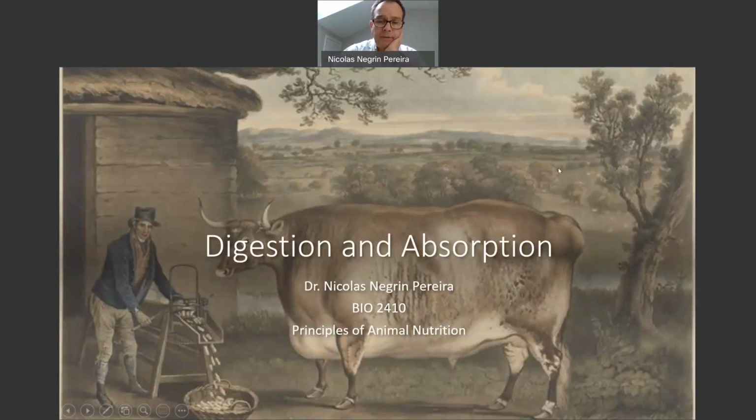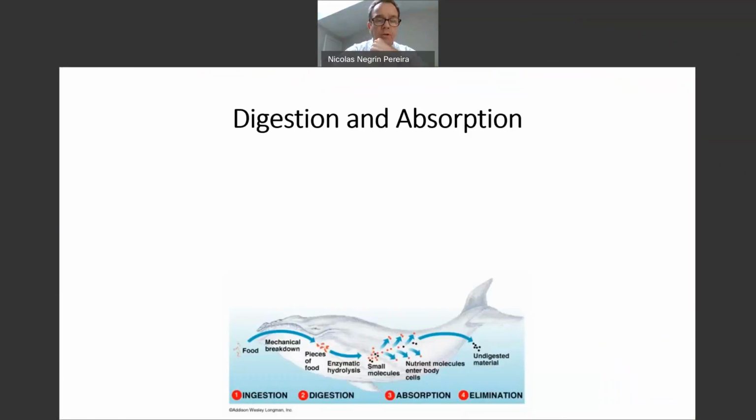All right, let's have a look at digestion and absorption in animal nutrition. Digestion and absorption, of course, is a complex process, but it is formed by successive steps, one followed by another, which go towards the ultimate goal, which is breaking down the macromolecules the animal ingests to simple molecules that can be easily absorbed, in some cases with a really low energetic cost.